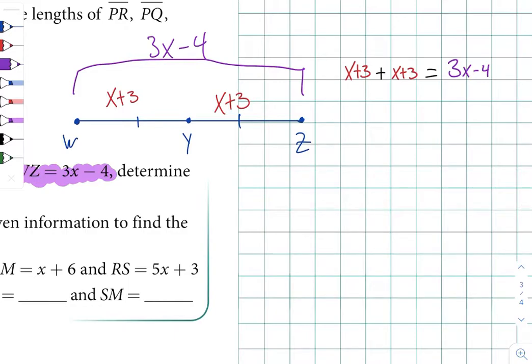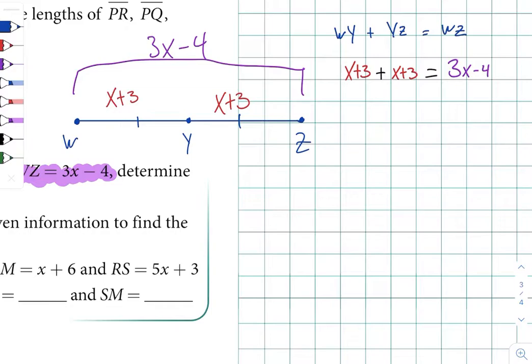That tells me that WY plus YZ equals WZ. That's the segment addition you learned yesterday, or in the previous folder, however you want to think about it: the two pieces add up to the whole. So WY and YZ add to WZ.